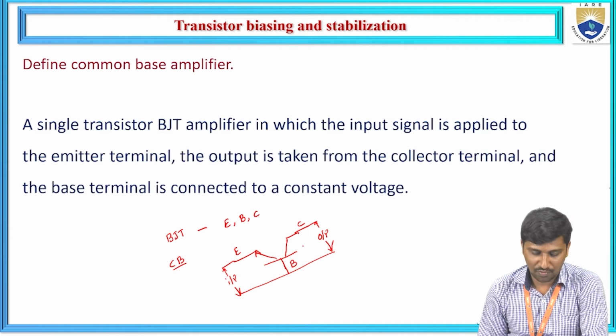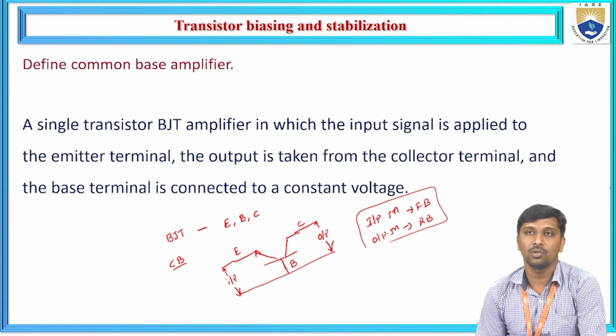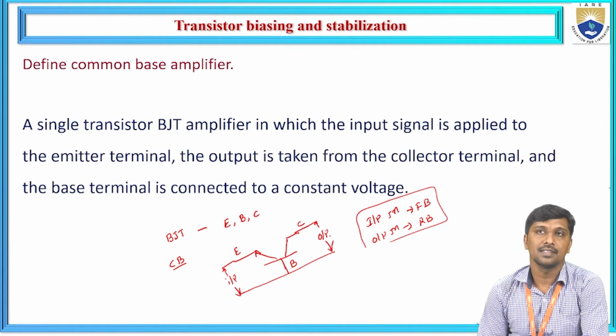If you want to define the amplifier, we know that the input junction should always be forward biased, and the output junction needs to maintain reverse bias. Under this condition, in the active region, the transistor acts as an amplifier. So that is the reason.